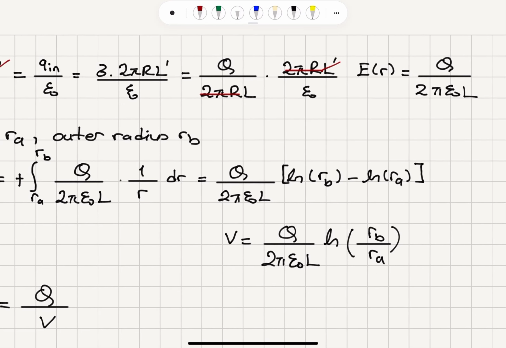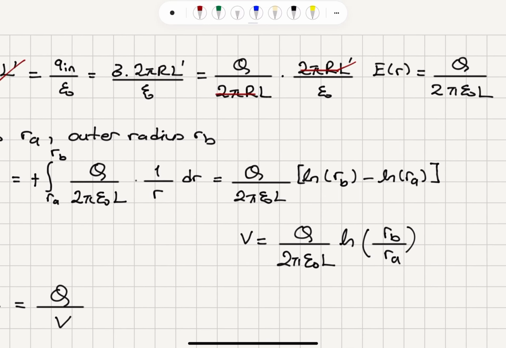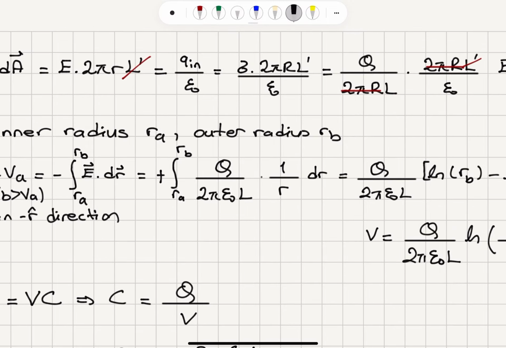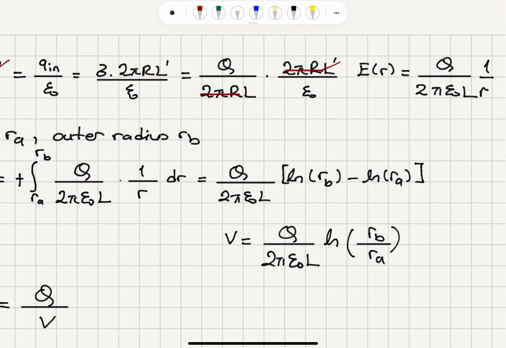I find the electric field magnitude to be Q over 2 pi epsilon 0 L times R. So there's a 1 over R here, 1 over 2 pi R epsilon 0. So that goes here. And there is also capital L.